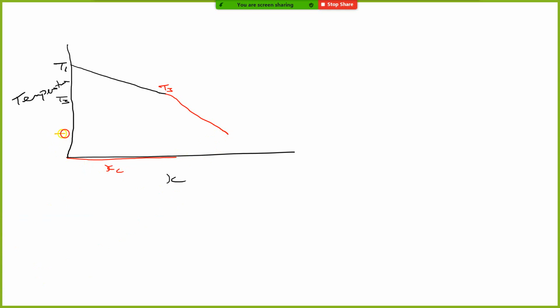So right here would be T2, and then from here to here would be XD, which is the thickness of the material, right? So this is how you would draw the temperature difference graph when you have two different materials. I'm going to see if I can find a different graph to show you what I mean, but this is what it generally looks like if you're dealing with two different materials, all right?